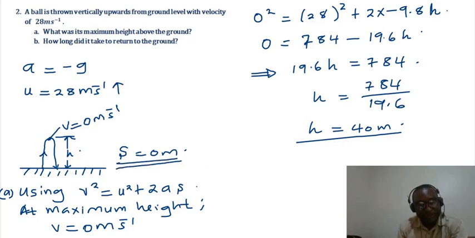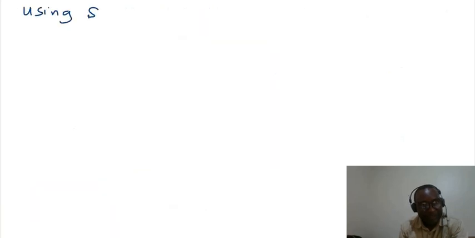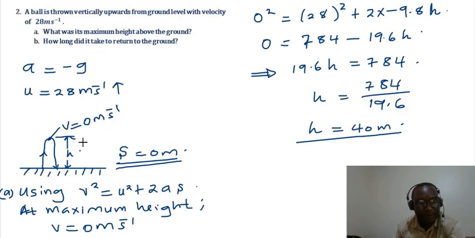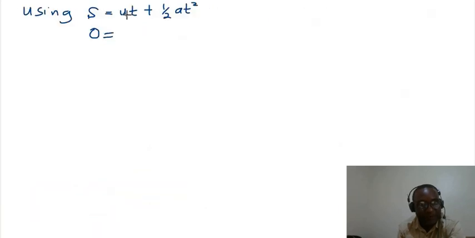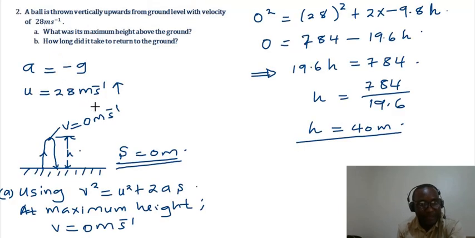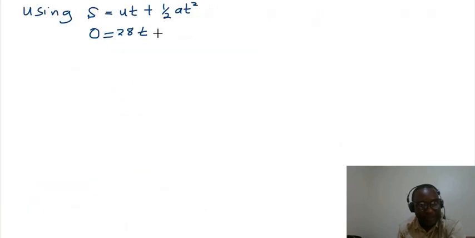We are going to use the second equation, displacement is equal to ut plus a half at squared. Displacement is 0, being equal to u, the initial velocity of 28 meters per second, times t, which we need to find.